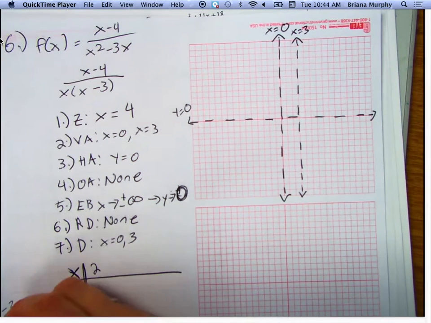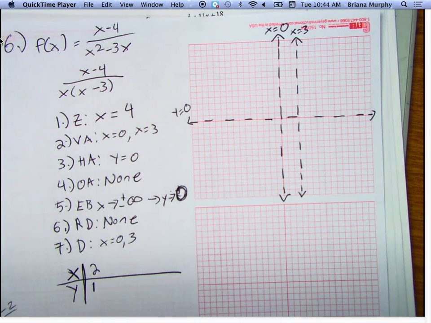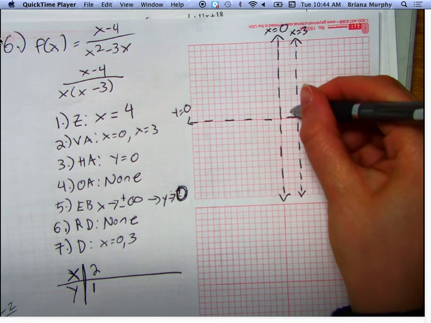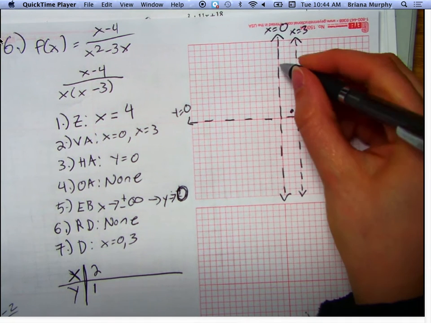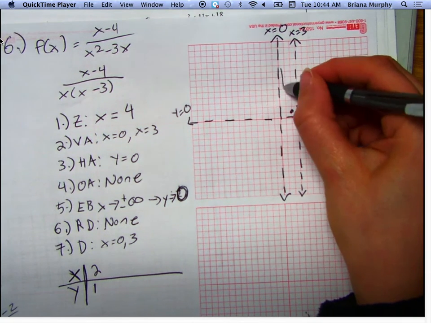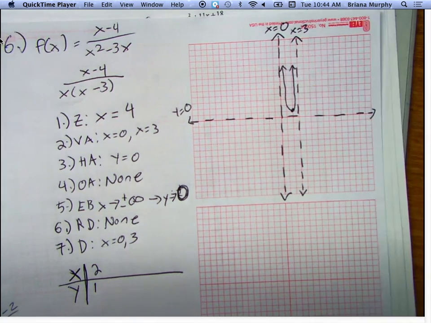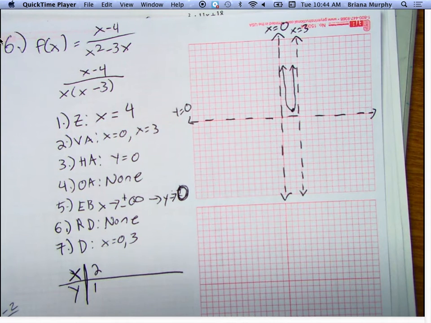So we get negative 2 over negative 2, which is 1. Yeah? When I plug them in? Okay. So at 2, I'm at 1. So I know I'm going to look like this, because they have to follow the asymptotes. So far, so good? Yes.